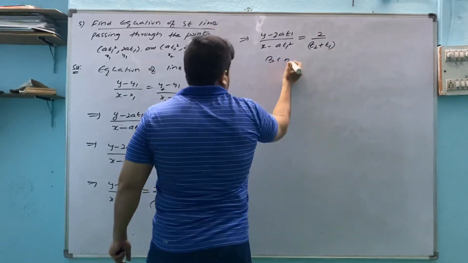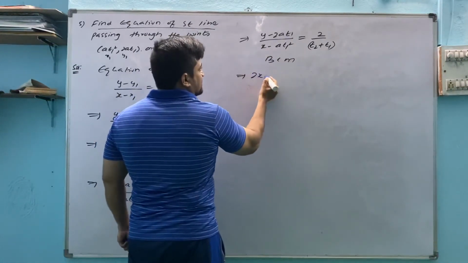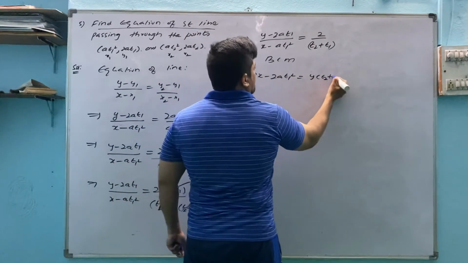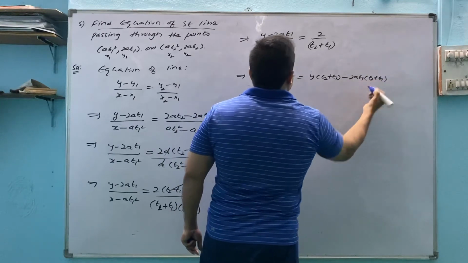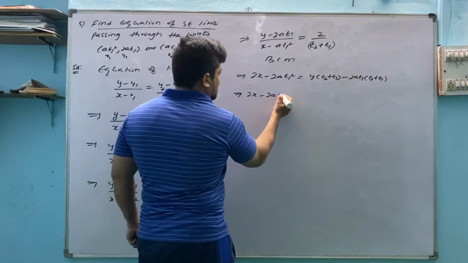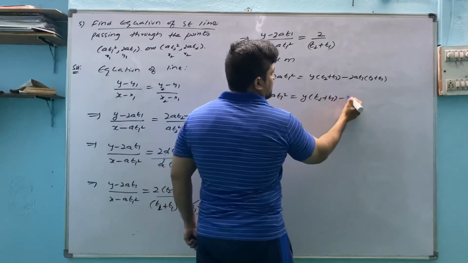By cross multiplication, multiply in such a way that x comes on the left side. Two x minus 2a t1 square. Don't multiply y; multiply these constants.